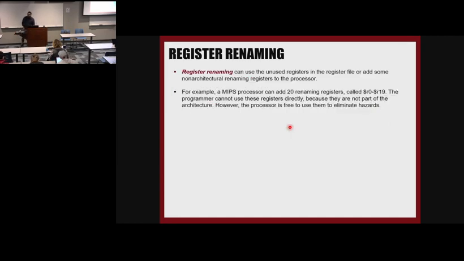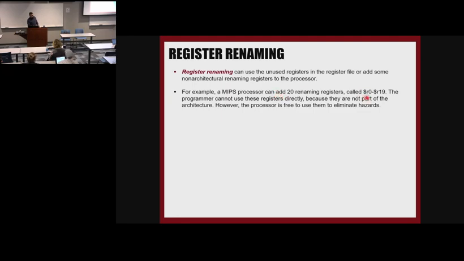Okay, so register renaming for the superscalar processor. So let's go a little bit more advanced. For register renaming, we can either use the registers that we haven't used before, or in many real processors, they have some extra registers, like register 0 to register 19. Let's say we have 20 registers in MIPS for register renaming.